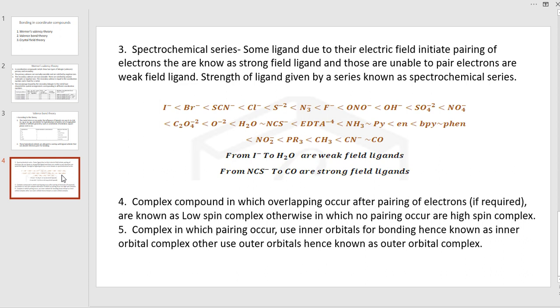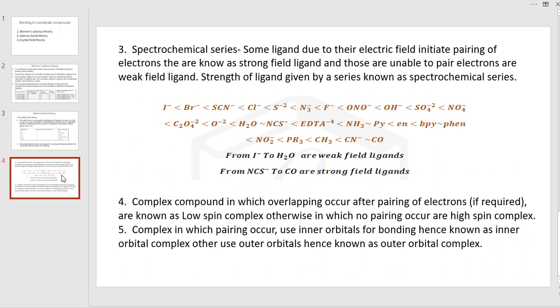So the field produced by the ligand is actually a negative field, right? The negative field repels the existing electrons in the metal ion or metal atom. In that case, unpaired electrons start pairing if required. Pairing occurs only if required. Required for what?